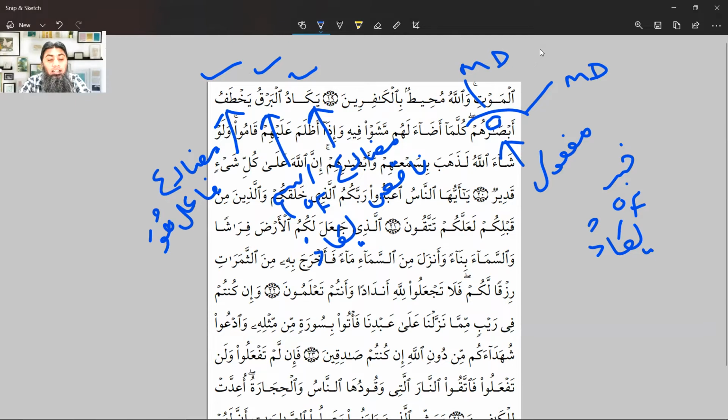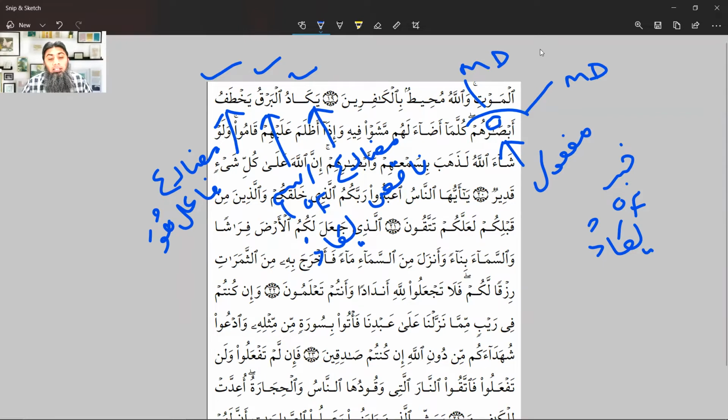Actually, brother, this kada yakadu means almost something happened. When something nearly happened, we call this one kada. So you can say yakadul barku. And what is the meaning of barq? We discussed it last time. Anyone knows the meaning of barq? It's lightning. Okay, because this word came previously as well.